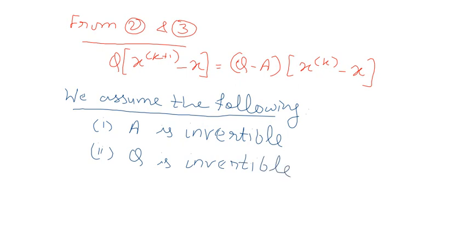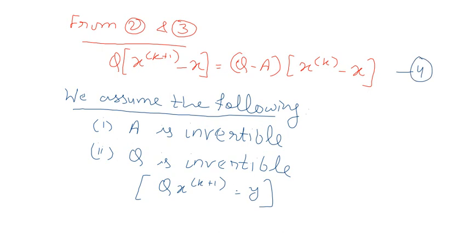Why is it so? Because you are going to solve equation 3, which is like Q x_{k+1} equals something, and this will have a solution only if Q is invertible. We call this equation number 4.